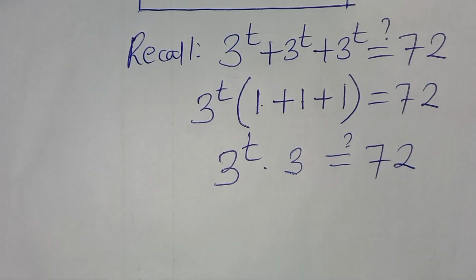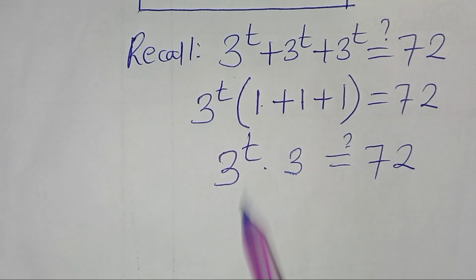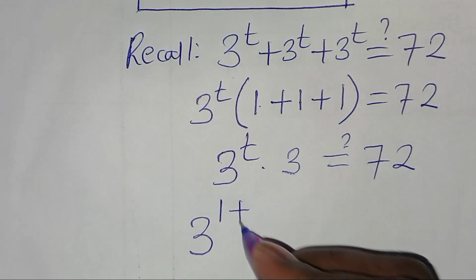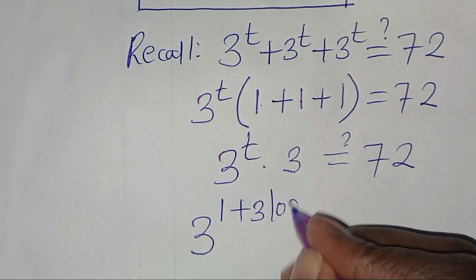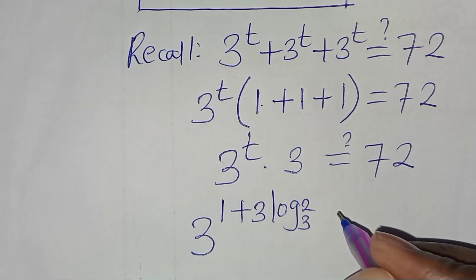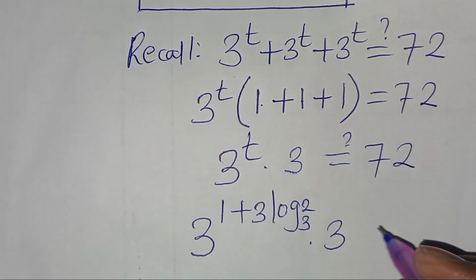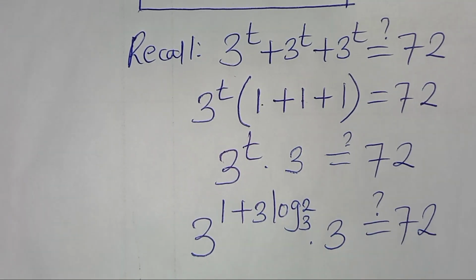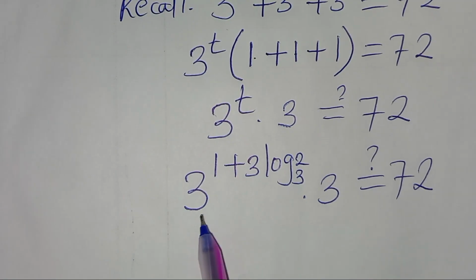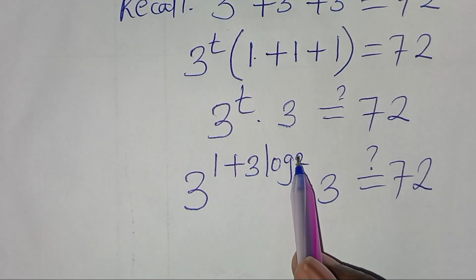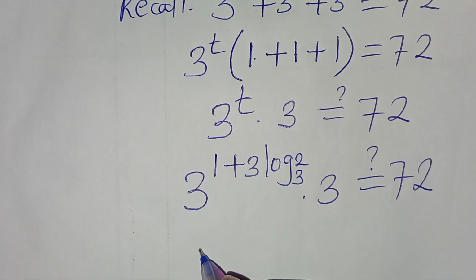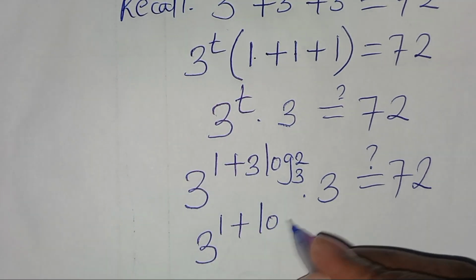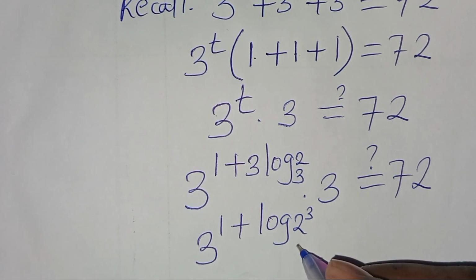Now the next step is to substitute the value of t, which means that we have 3^(1 + 3 log 2 to base 3), multiplied by 3, and this should give us a value of 72. Now 3^(1 + 3 log 2 to base 3) can also be expressed as 3^(1 + log 2^3 to base 3).